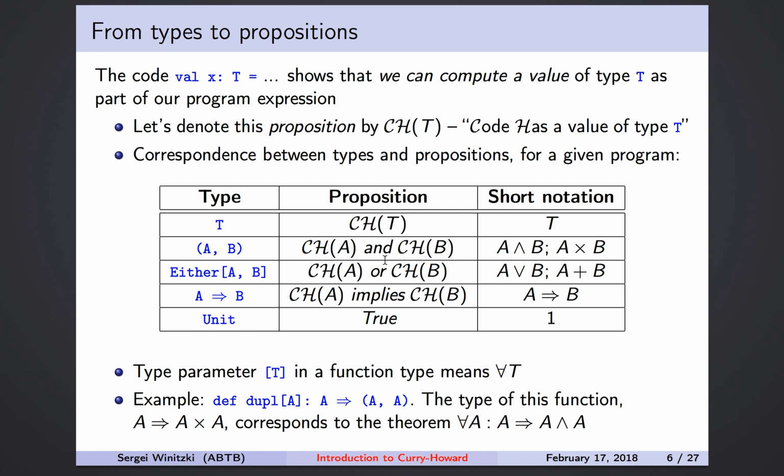So this is already very interesting. It shows that each of the type constructions corresponds to a logical construction or a logic operation, if we consider the propositions defined by this.